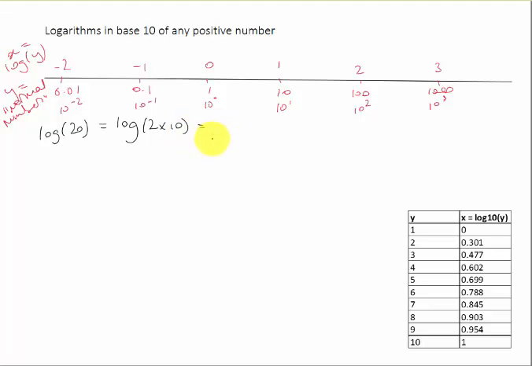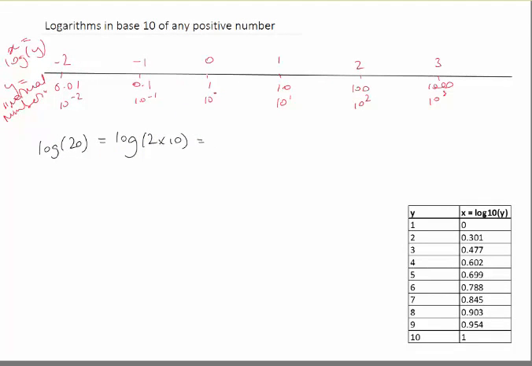So logarithm of 2 times 10 is logarithm of 2 plus logarithm of 10. We know from our table here that logarithm of 2 is 0.301, logarithm of 10 is 1, so that's 1.301. Let's put that in here. So 1.301 is about here, and that's 20.